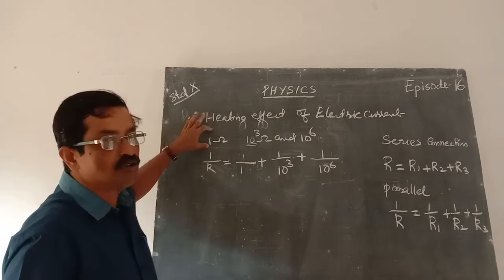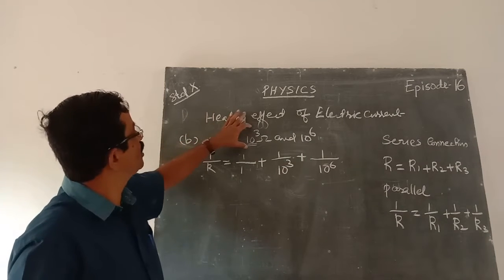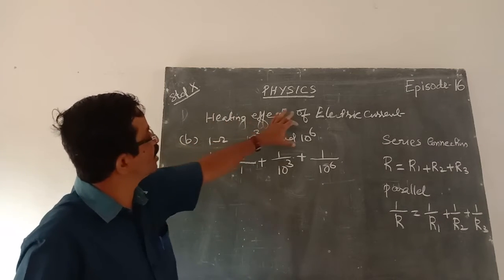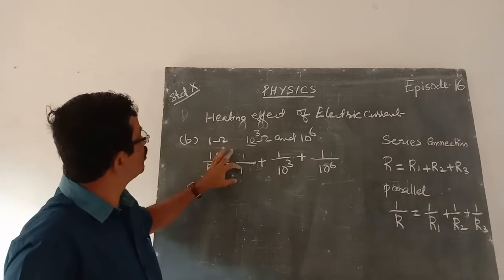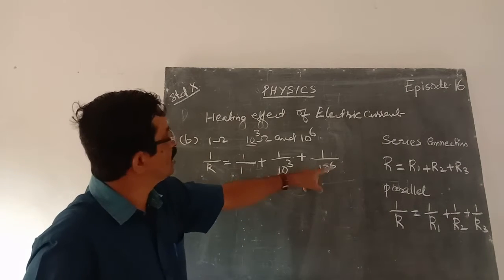Here R1 is 1 ohm, R2 is 10 raised to 3 ohm, and R3 is 10 to the power 6 ohm. We put the values of R1, R2 and R3 in the equation.